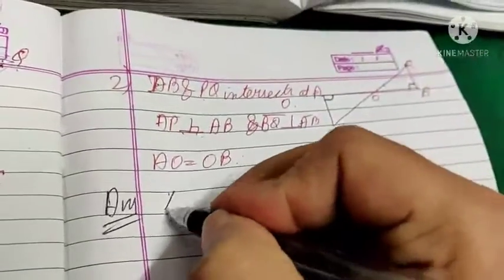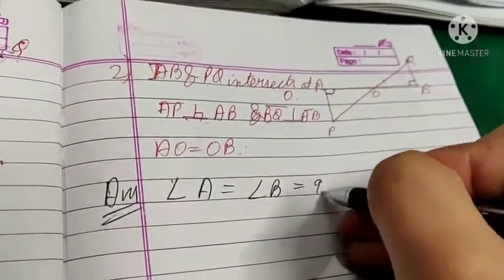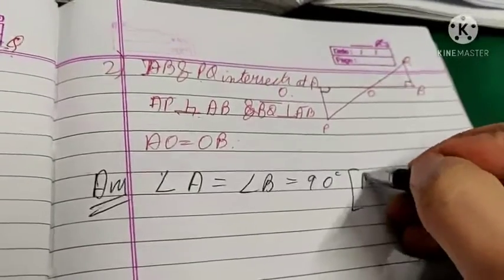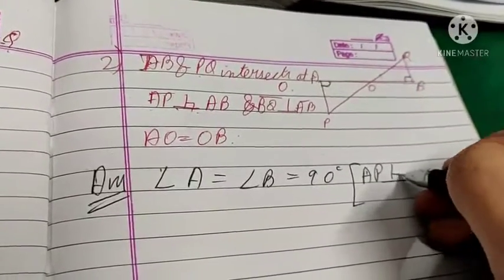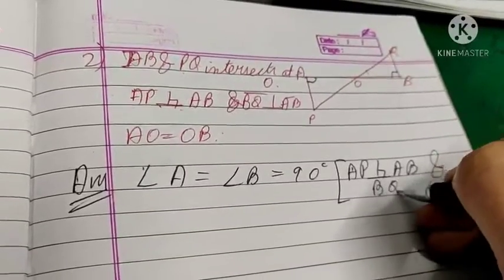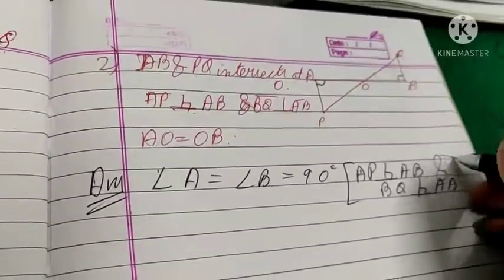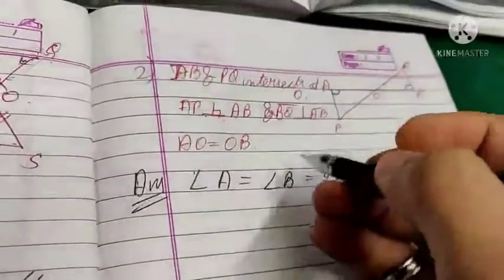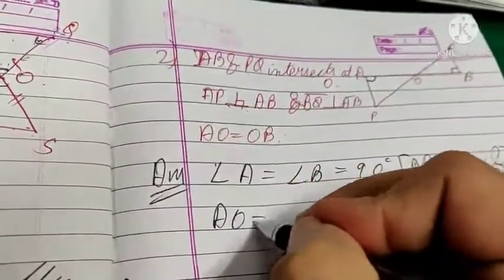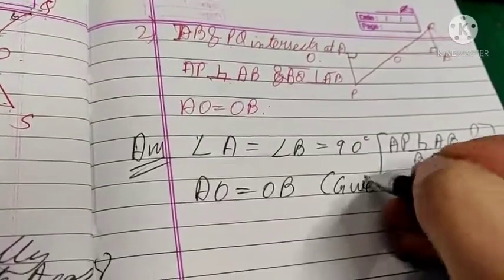That is angle A is equal to angle B, as here AP is perpendicular to AB and BQ is perpendicular to AB. Okay, this was given, so I have taken both the angles as 90 degree. Perpendicular means at 90 degree. And here AO is equal to OB, this is given.